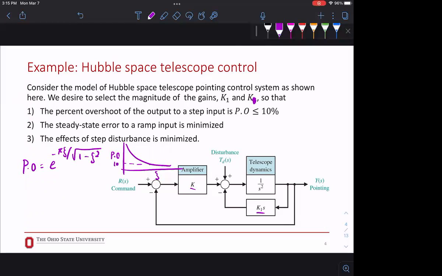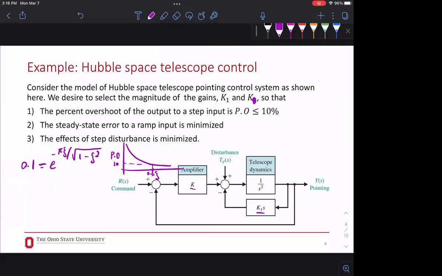If I pick that line here, I think it's a little more than 0.6. Either you have to solve this equation, with 10% being 0.1, e to the negative pi zeta. Yeah, you have to solve that.